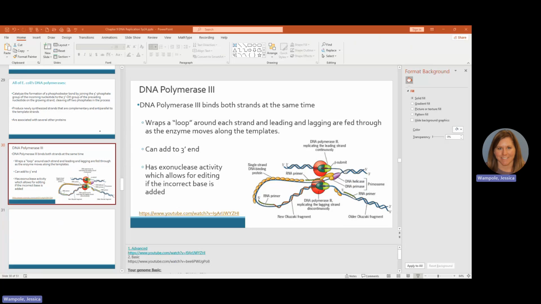So I'm going to say like step 1A, step 1B. We've got our helicase and our gyrase. Step 2, primase adds a primer to both strands.